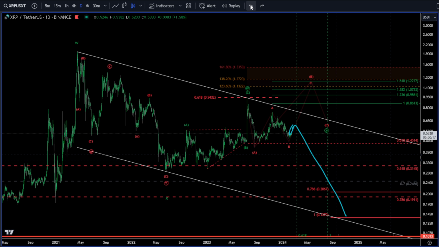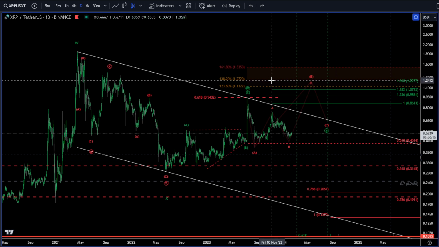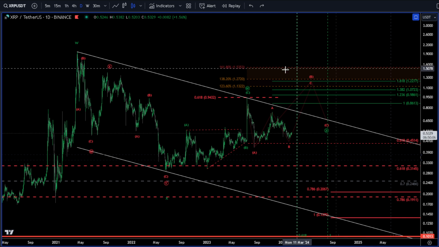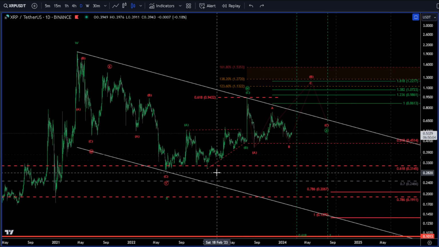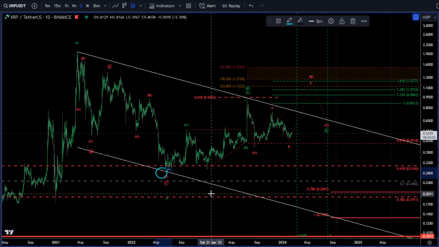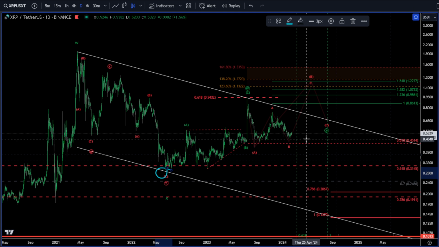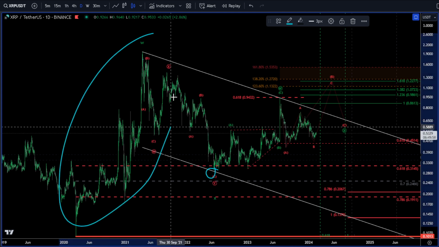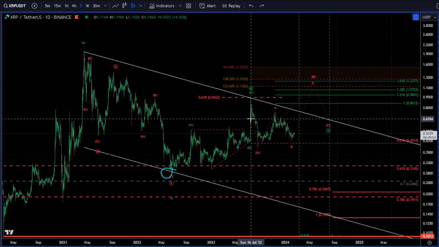I know some people say, oh, that's impossible. If you've been in this market long enough, you know that literally anything's possible. The market's going to do what it's going to do. But as of right now, if the market's bullish, this is my expectation. If this is our low, I expect us to move correctively to the upside because of previous waves. Corrective wave, I expect us to move correctively in a bullish manner.